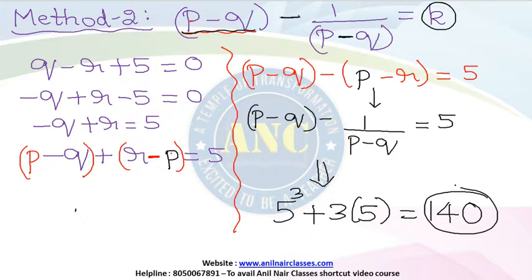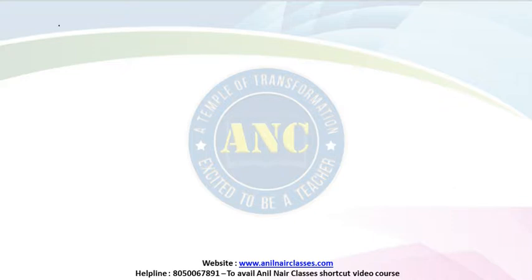I hope method 2 is very clear. But having said that, I will not stop at method 2, because wherever there is a possibility, I want to teach my students with multiple methods, so that you will be comfortable with whichever method you think is comfortable for you.